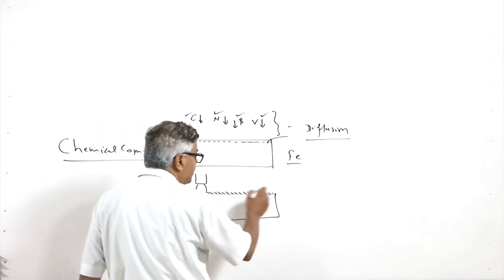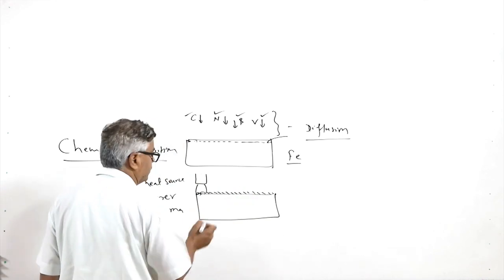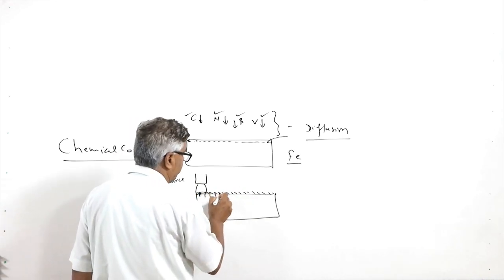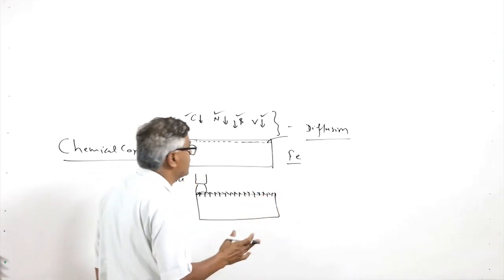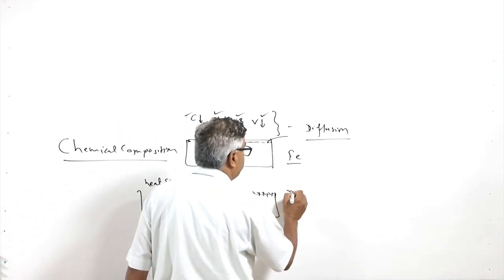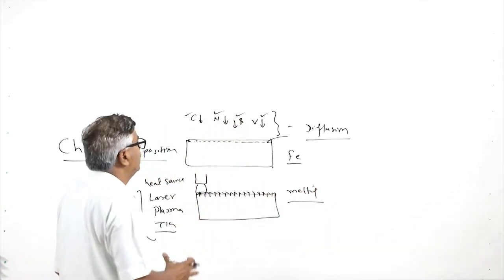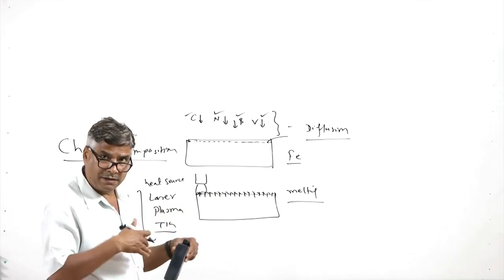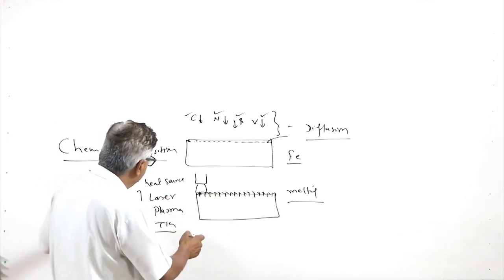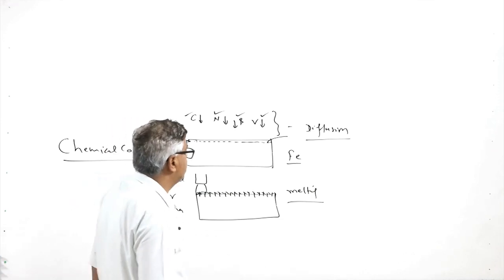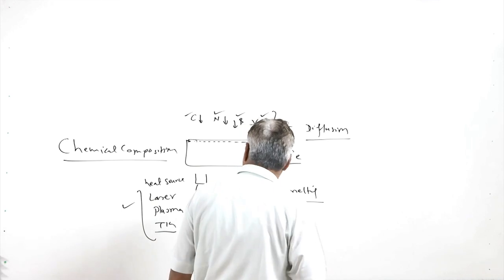So the material is placed and melted using a suitable heat source, so that it forms an integral part of the substrate and the near surface layer composition is modified. So this approach is basically melting. Melting is another approach wherein the surface layer composition is modified through the use of these sources of heat, maybe electron beam or laser or plasma, or the flame can also be used for this purpose.